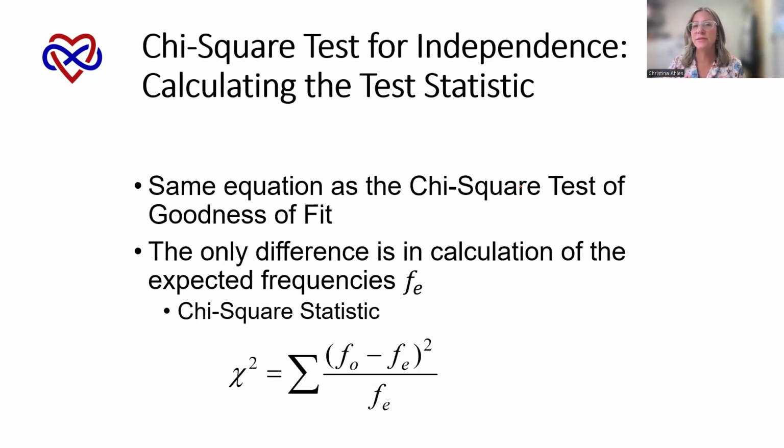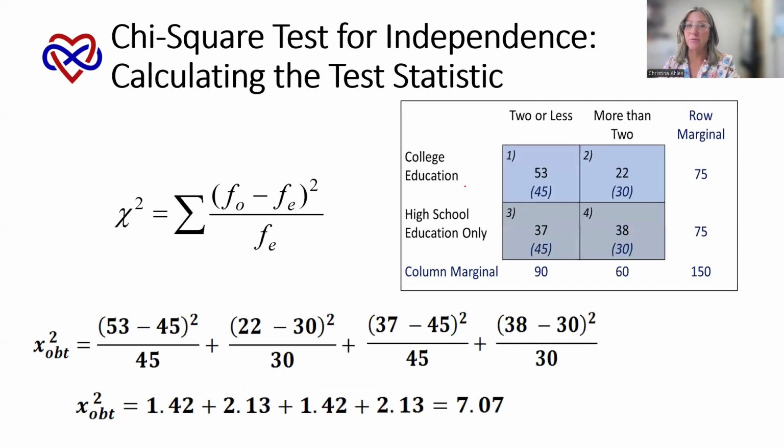The only difference is the calculation of the expected frequencies, which is that column marginal times the row marginal divided by the total N. Same equation though. Here's my observed frequency, 53. My expected frequency for that first cell is 45. So here's my first little fraction.